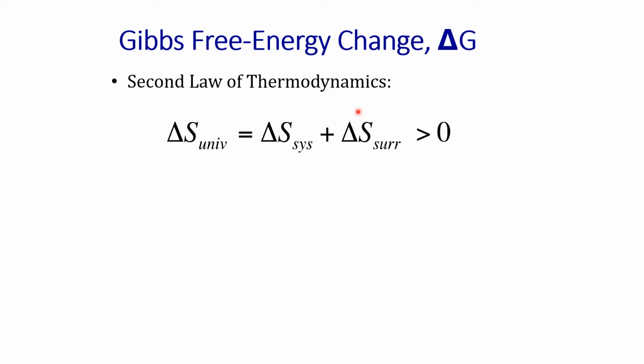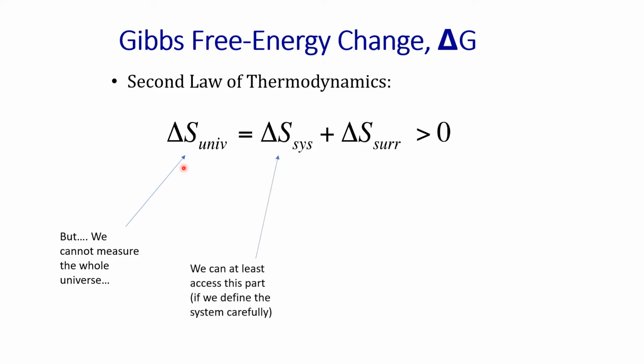But we can't go measure the delta S of the universe, we can't measure the whole universe. Now, we can find the delta S of our reaction, and this is what we spent time doing last week. So we can at least find a numeric value for this term.